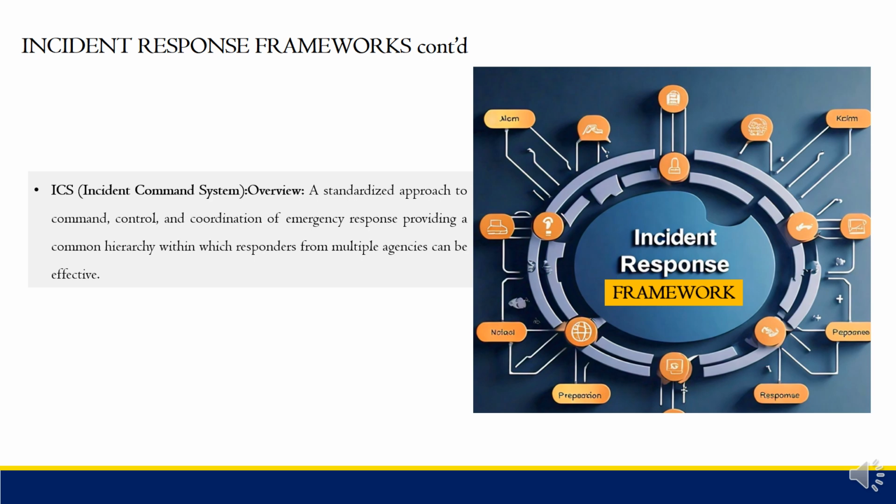ICS, Incident Command System. The overview: a standardized approach to command, control, and coordination of emergency response, providing a common hierarchy within which responders from multiple agencies can be effective.